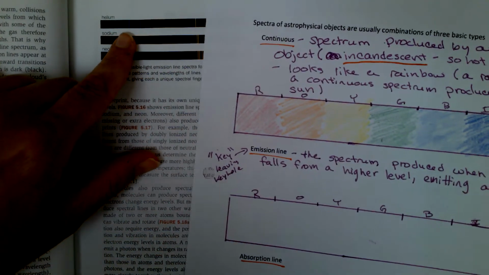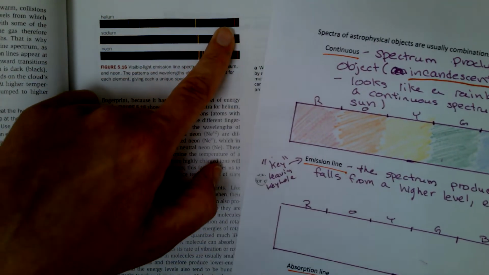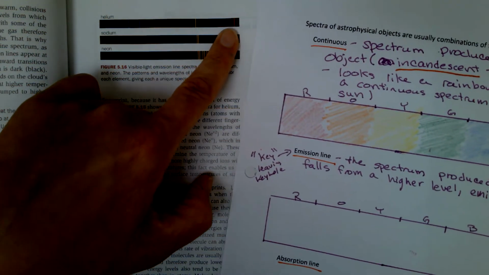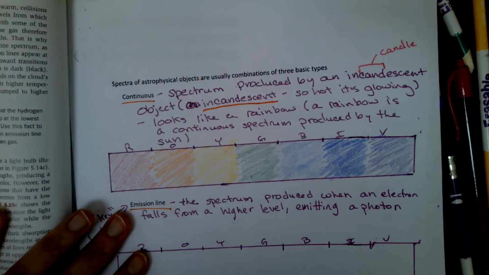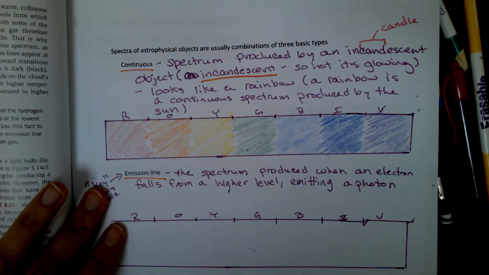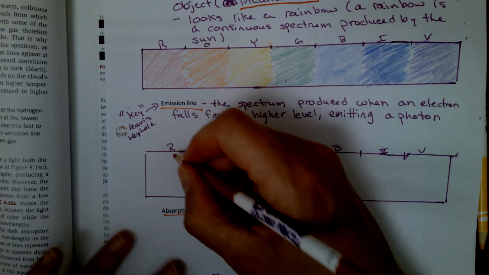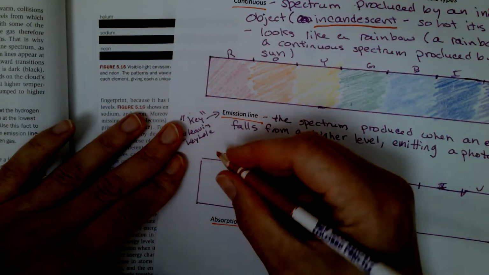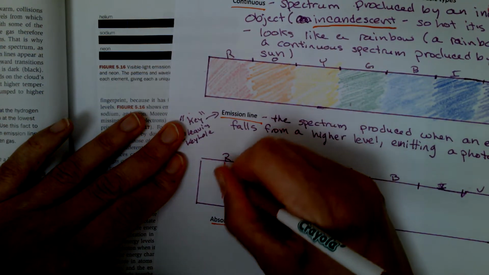So I can see also that I did this backwards from them, so we're going to just draw it over here, that helium has a line in the red. I'm going to grab my red pencil. Where is my red pencil? There is my red pencil. I'm going to draw a line over here for the red, for helium.